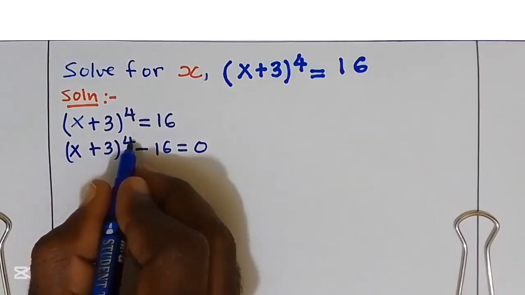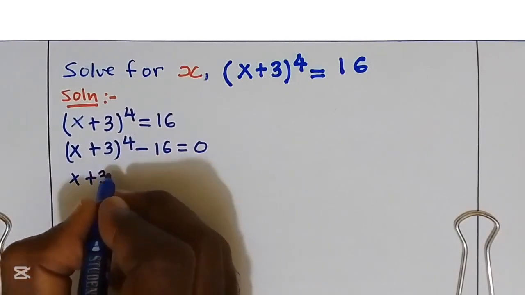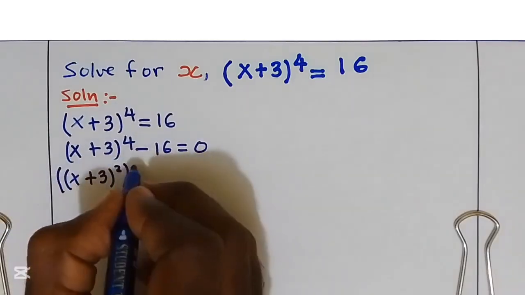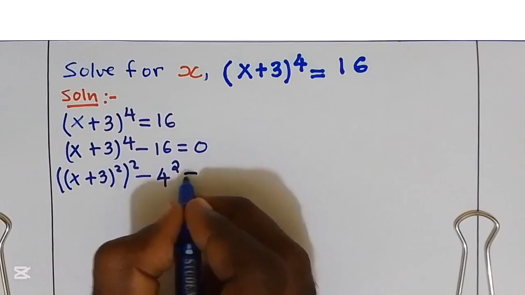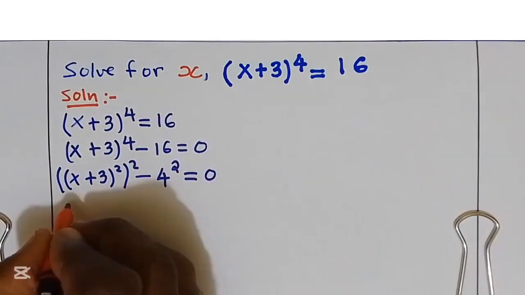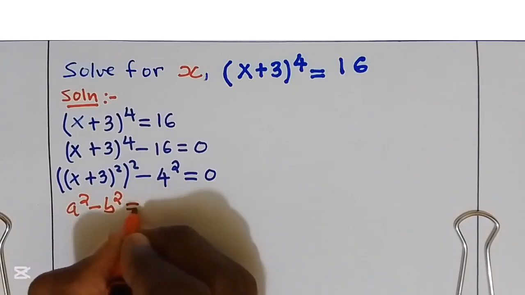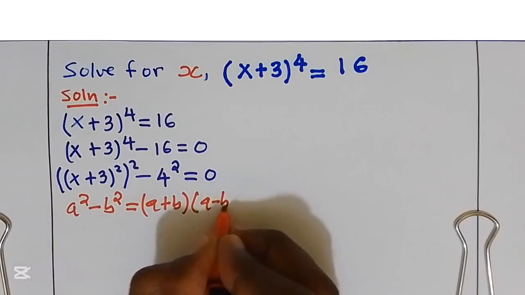(x + 3)^4, I can write it as ((x + 3)^2)^2 minus 4^2, equal to 0. We know if we have a^2 - b^2, this is equal to (a + b)(a - b).